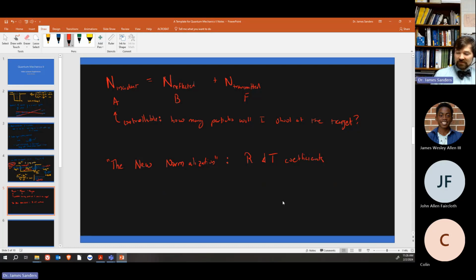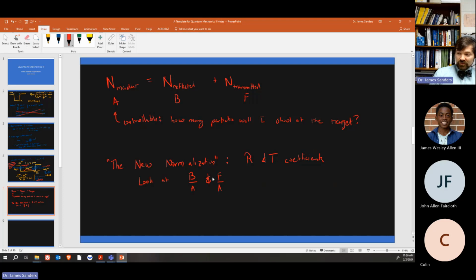The way that this works is we're going to look at B over A and F over A. Our normalization basically says that these two ratios somehow should add up to 1 in some form.